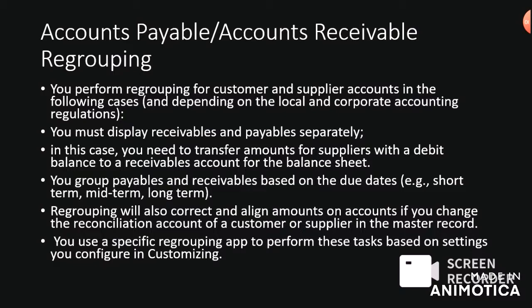Sometimes we will change the reconciliation account of a customer and supplier. So even in those times, if we regroup, that will be grouped correctly to the respective reconciliation accounts. You use a specific regrouping app to perform these tasks based on settings you configure in customizing.